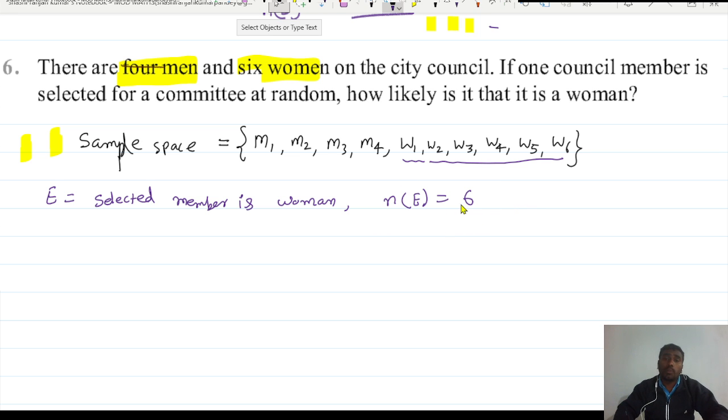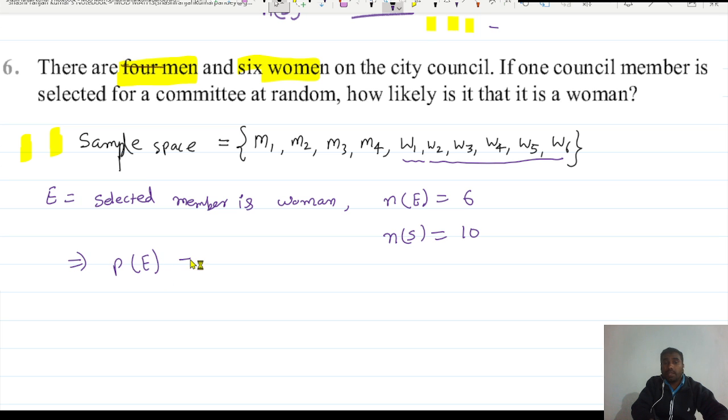And what is the total number of possible cases? Any one can be selected. So how many options do we have? We have total 4 men and 6 women, so total options we have is 10. So n(S) is total 10. We want to find the probability that the selected member is a woman.